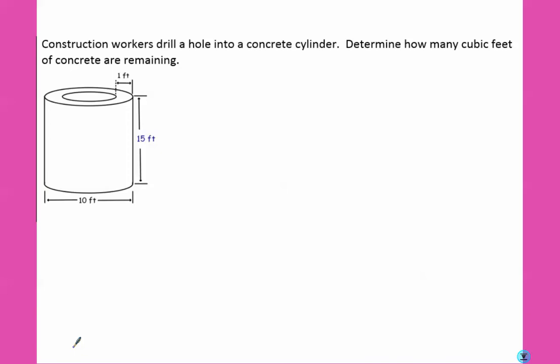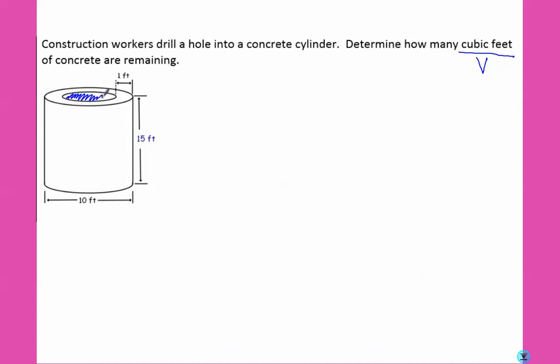Construction workers drill a hole into a concrete cylinder. Determine how many cubic feet of concrete are remaining. So since it says cubic feet, we know that we're working in a three-dimensional measurement here, which is going to be volume. So basically, here's where they're drilling the hole.